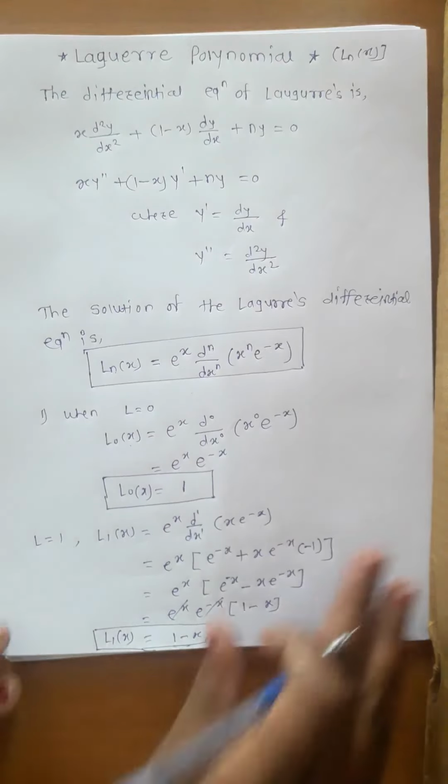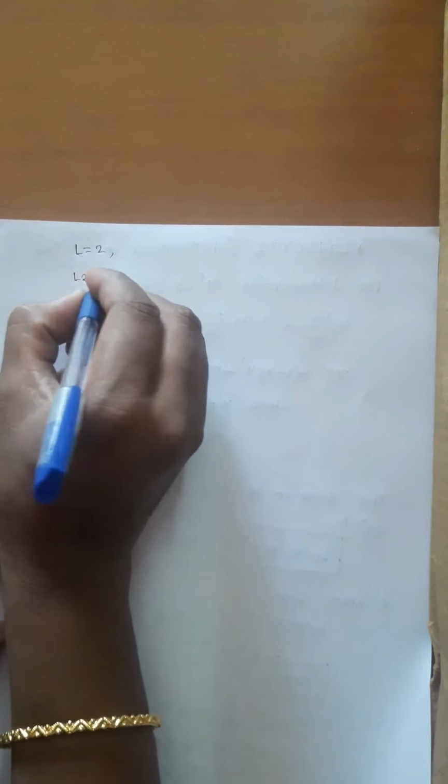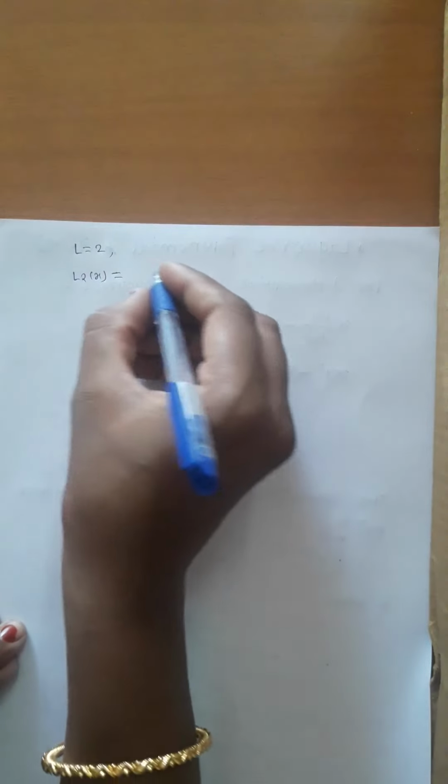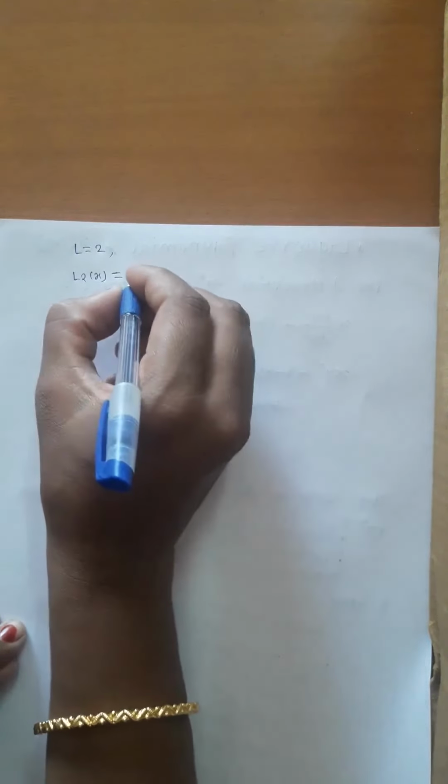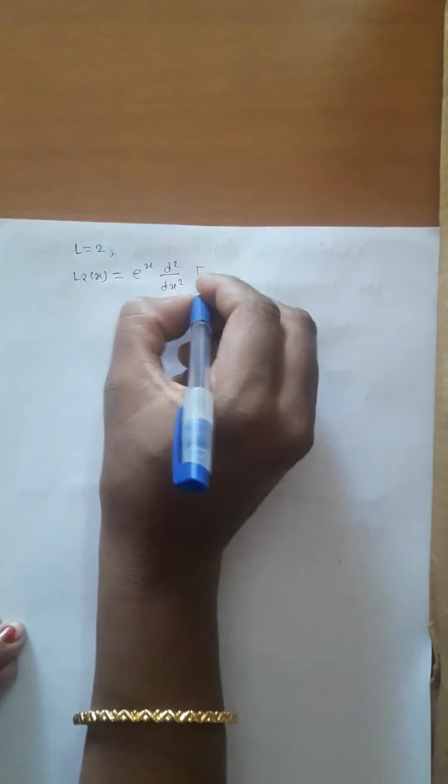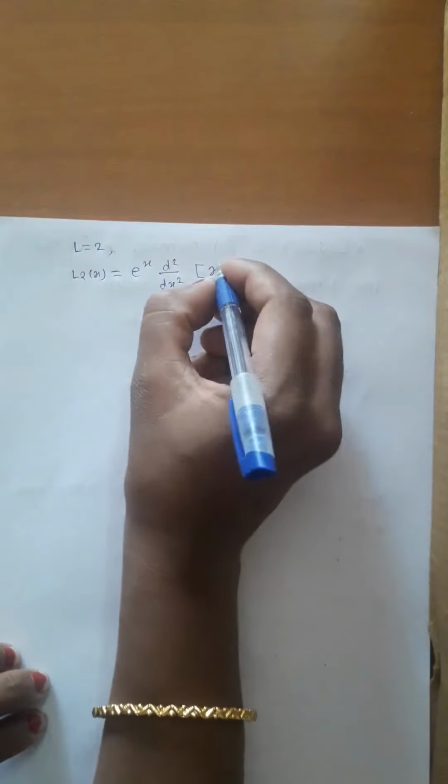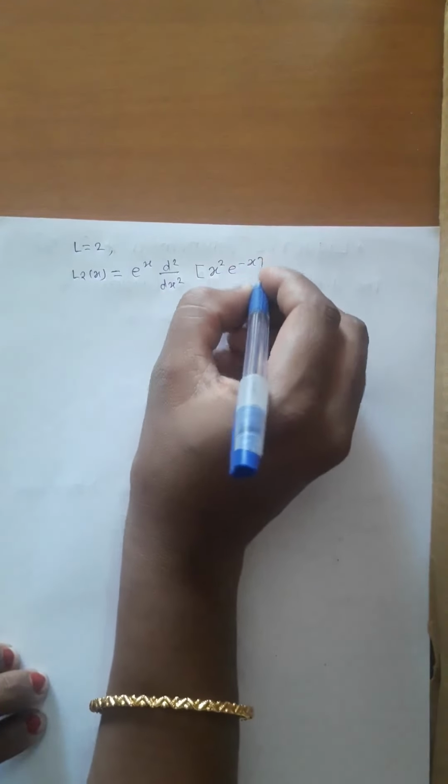Now when the value of n is equal to 2, then L2 of x is equal to e raised to x into d square by dx square of x square e raised to minus x.